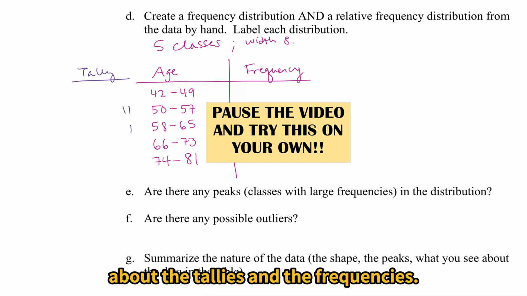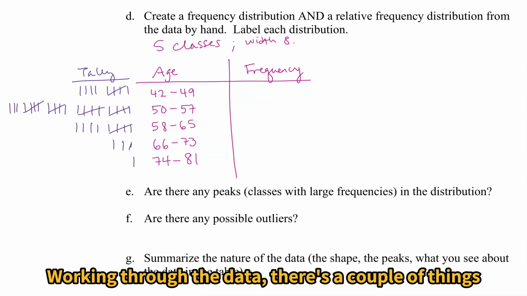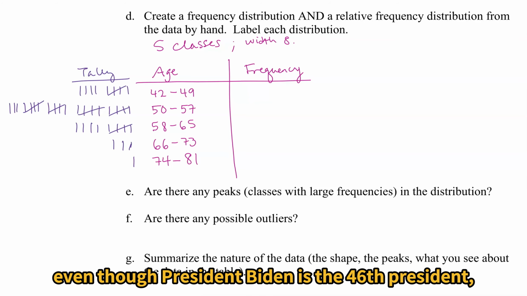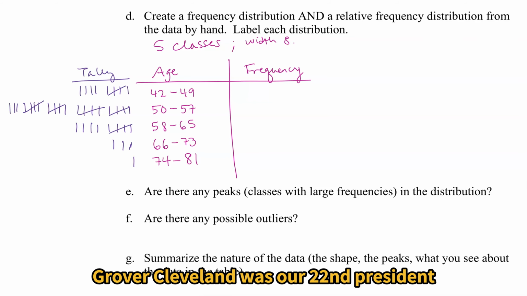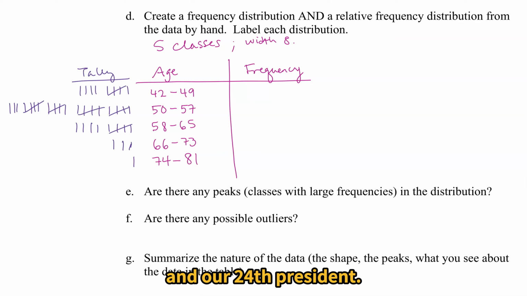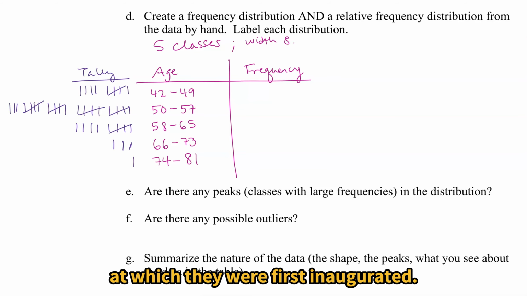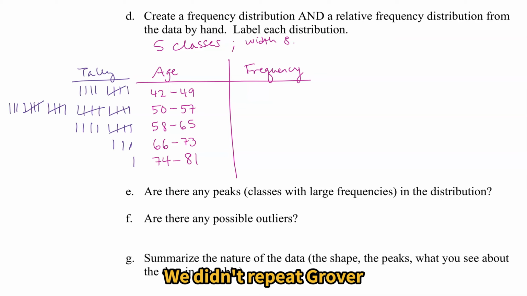Working through the data, there's a couple of things I want to point out. Even though President Biden is the 46th president, Grover Cleveland was our 22nd president and our 24th president. This is only recording the age at which they were first inaugurated. We didn't repeat Grover Cleveland's second term here.